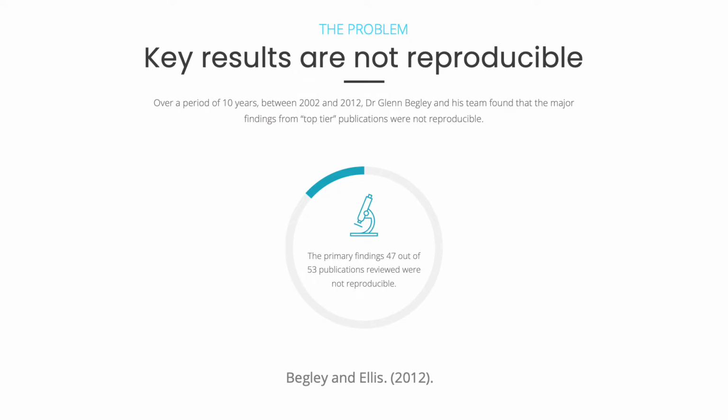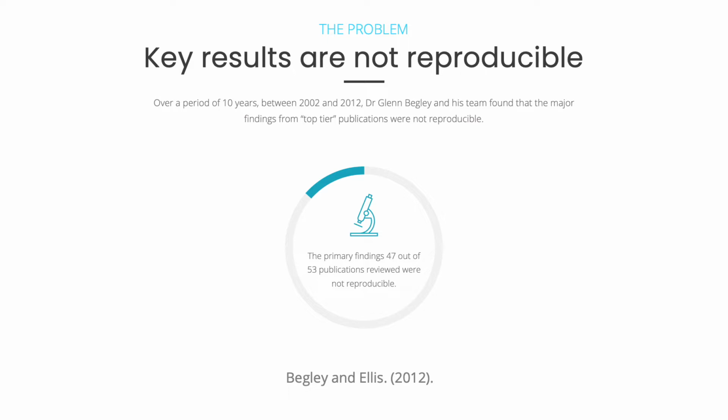Now, you may be sitting there thinking that, well, that's the way it's always been, and it's always been fine. But time and time again, we see that this is a serious and ubiquitous problem. Just to briefly illustrate this, over a period of 10 years between 2002 and 2012, Dr. Glenn Begley and his research team at Amgen investigated the findings of a number of top-tier publications.